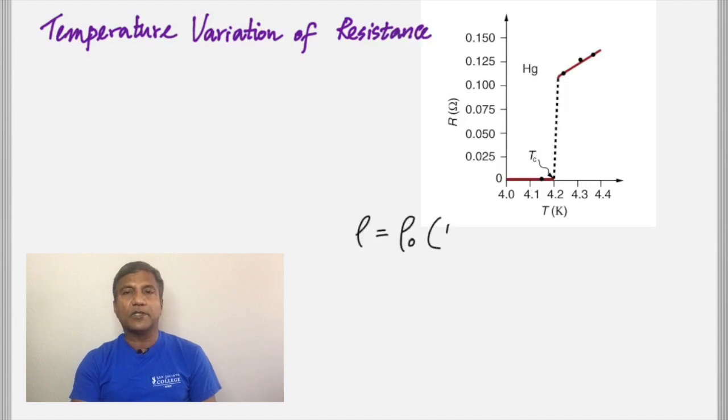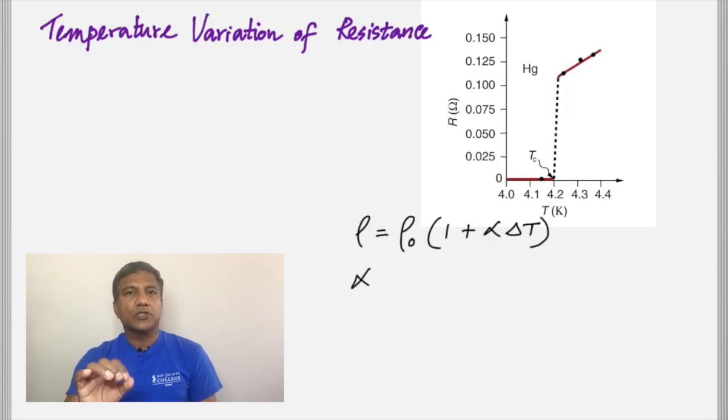So here is the formula, and in this formula, rho is the resistivity at any temperature. So maybe at a high temperature. Rho naught is the resistivity at room temperature.